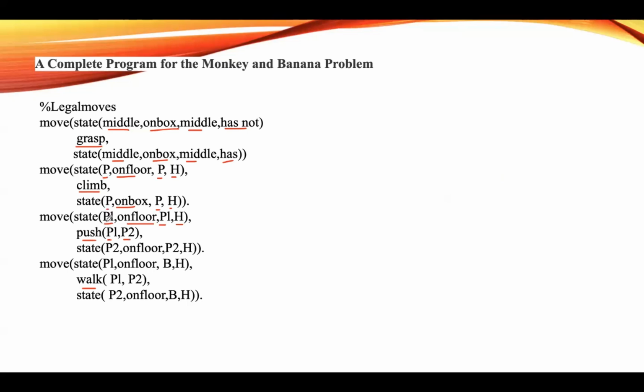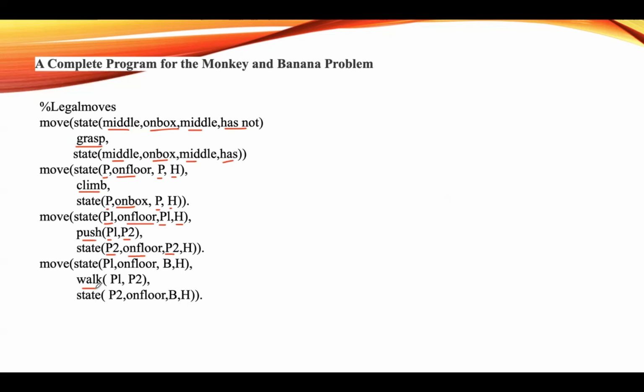Say initially the monkey is at the window, and the box is at the window. Then after push, the monkey is at position P2, let it be the middle of the room, and it is still on the floor because it just performed the push move, pushing the box from one place to another. So the box moves as well as the monkey, right? So there will be a change in state from P1 to P2.